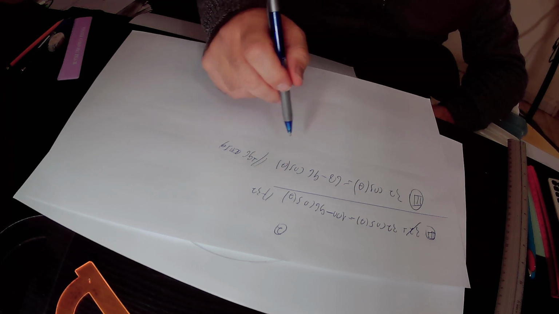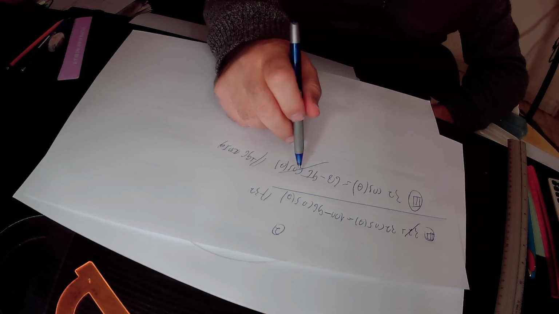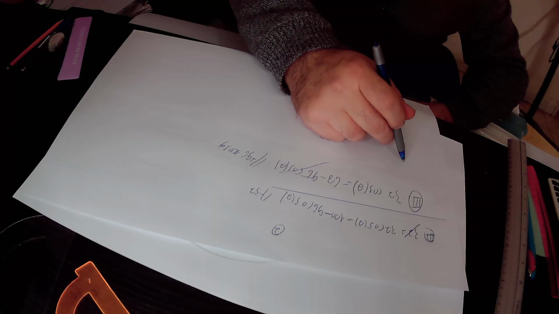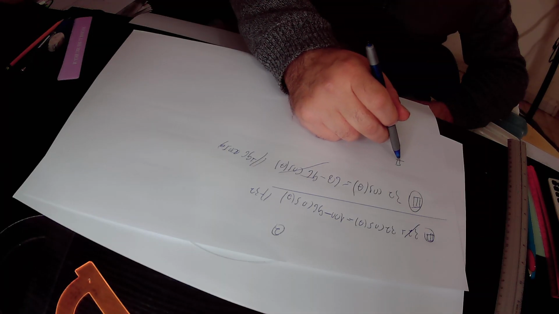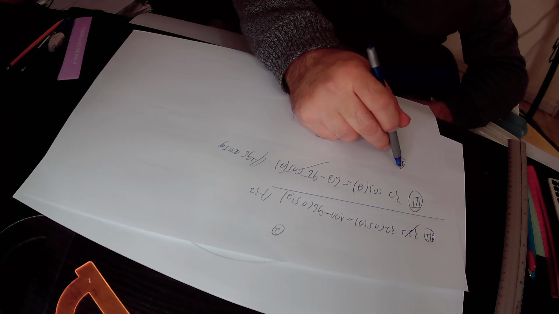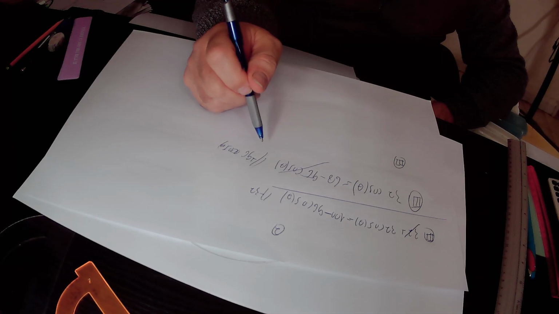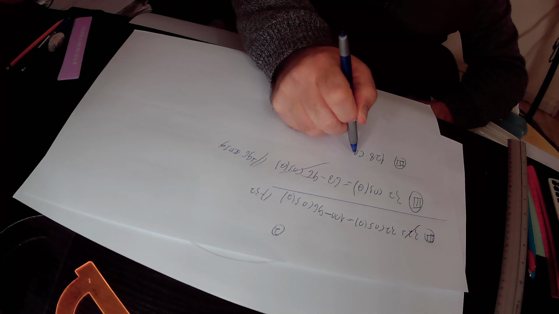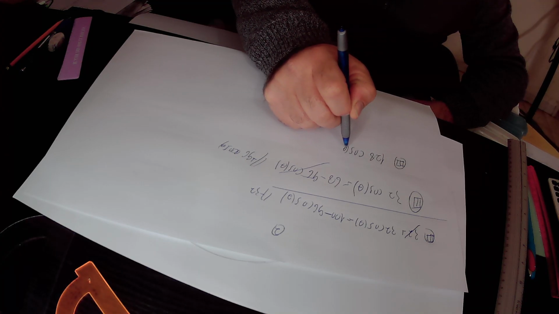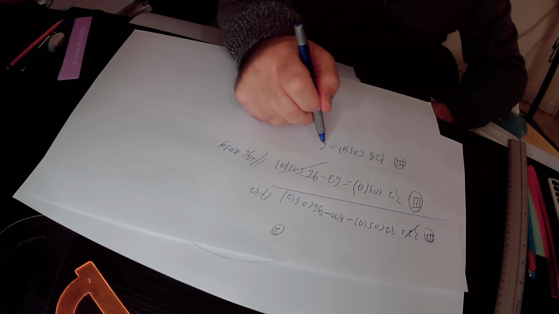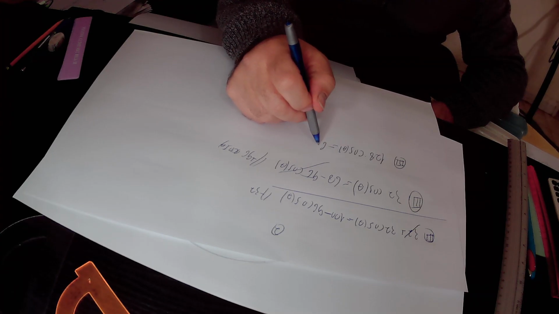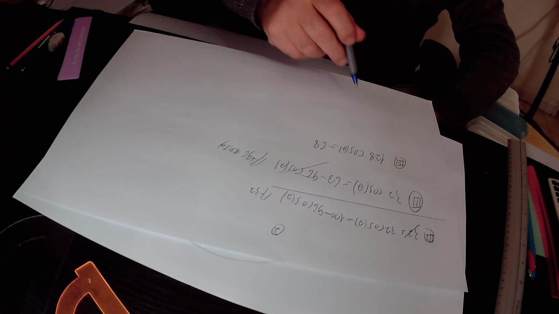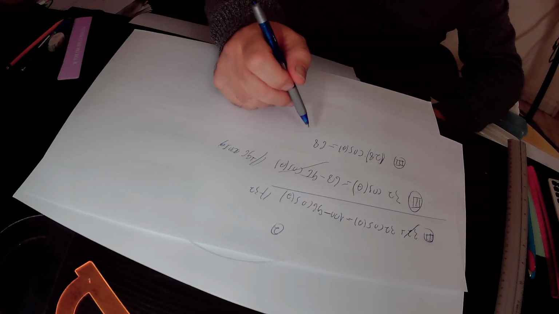Here 96 cosine theta will get cancelled, while on the other side we have 32 times cosine theta plus 96 cosine theta equals 128 times cosine theta, equals 68. So here we divide this equation by 128.